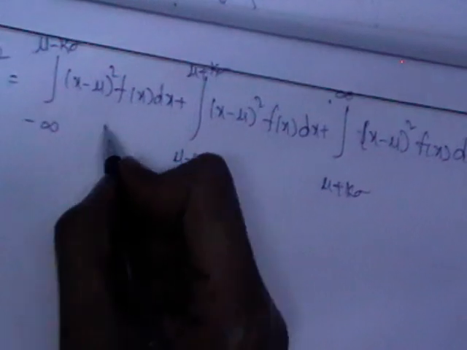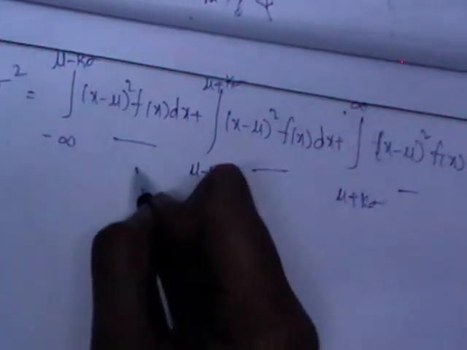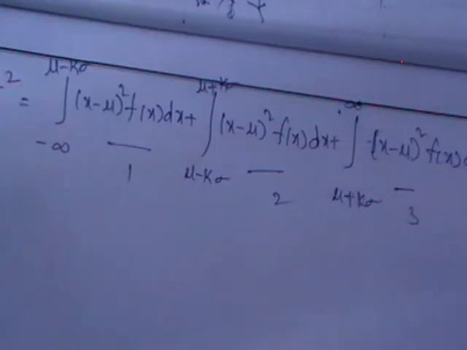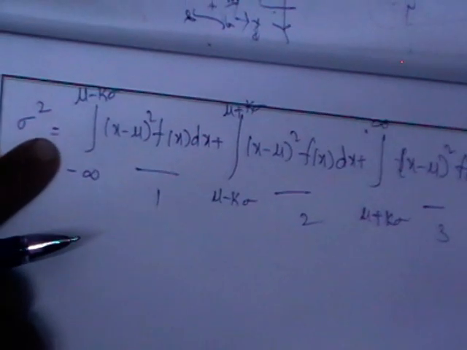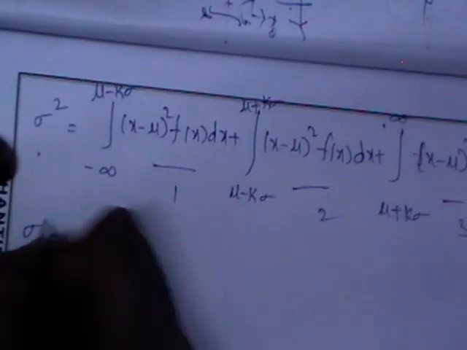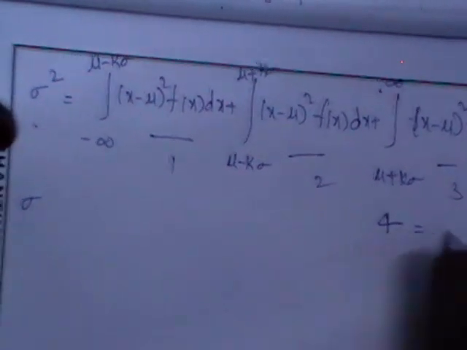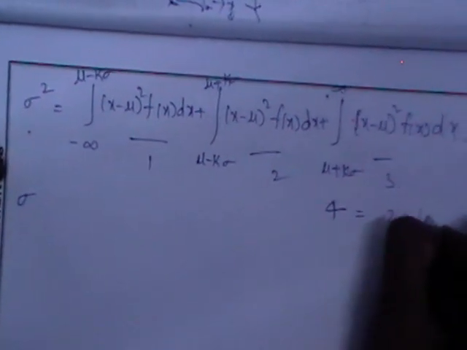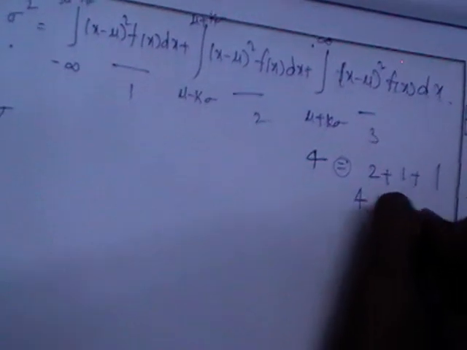So this sigma square is the sum of three terms. Now if I want to change this equals into some inequality, if you take 4 as the sum of 2 plus 1 plus 1, can I write that as 4 greater than 2 plus 1?